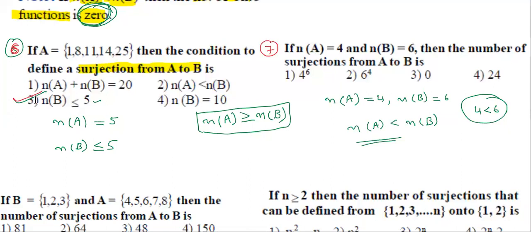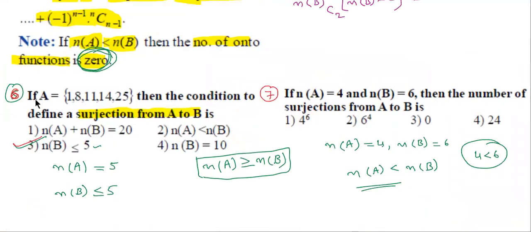If this condition exists, what is the number of onto functions? See here, n(A) is less than n(B). Number of onto functions: 0. So what is the correct answer here? Third option. Because in set B, more elements are there.